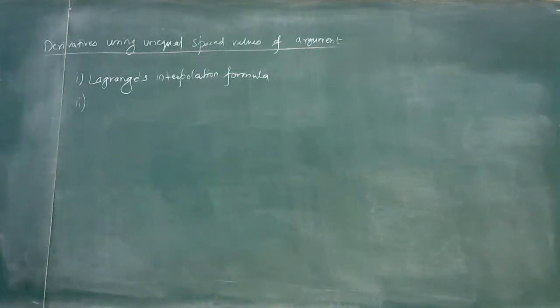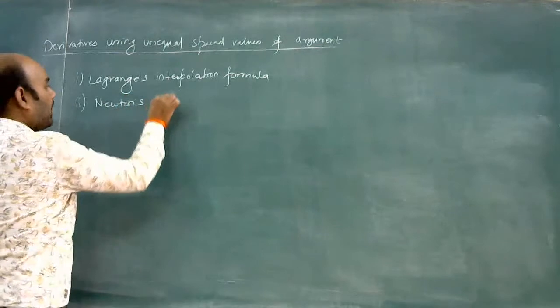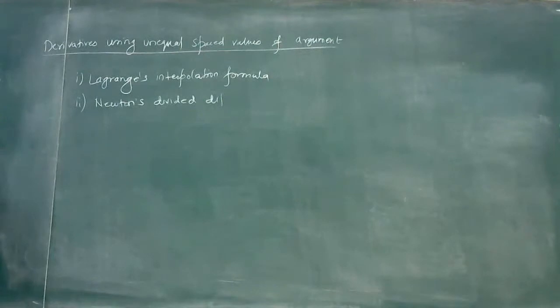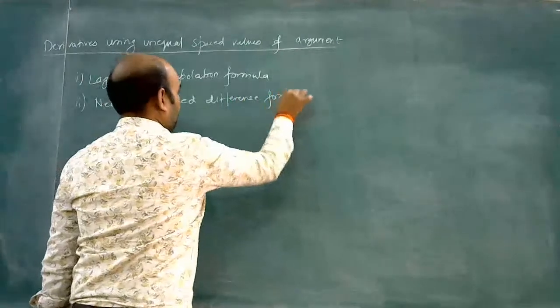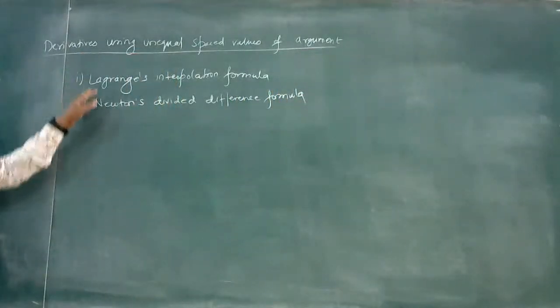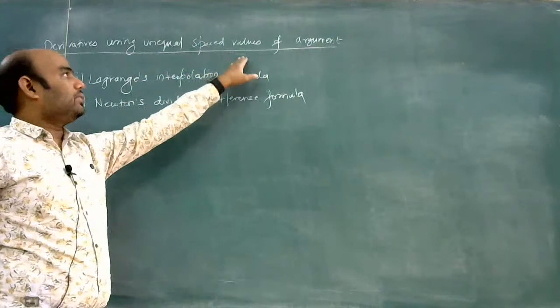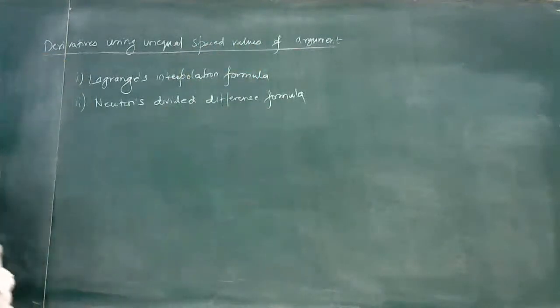Newton's. What next? Next is Newton's divided difference. So these two formulas are used when unequally spaced values of argument, or unequal intervals of arguments, are given.